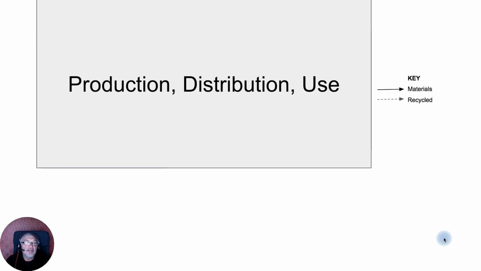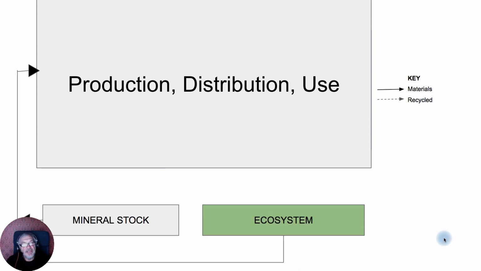Okay, so let's go back to this production, distribution, and use idea. Let's just say the grey circle is our economy, producing something, and then we'll draw some lines, dotted for recycling and solid for materials. Now, obviously, there's a mineral stock that is used in production, minerals, metals, etc., from the lithosphere, and things from the ecosystem.